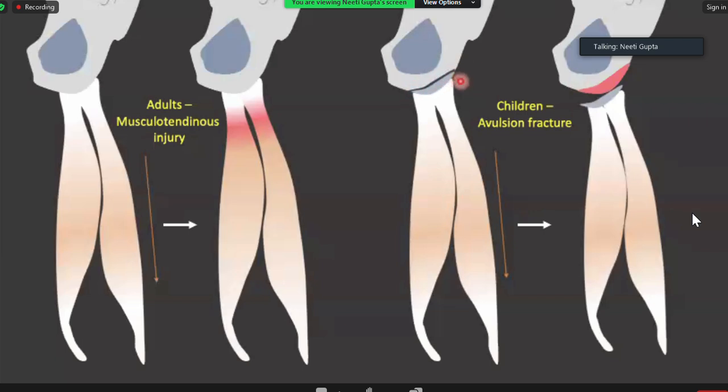So, in adults, you might commonly see myotendinous injuries, whereas in children, if there is pain, you suspect an avulsion fracture rather than a muscular or tendon injury.